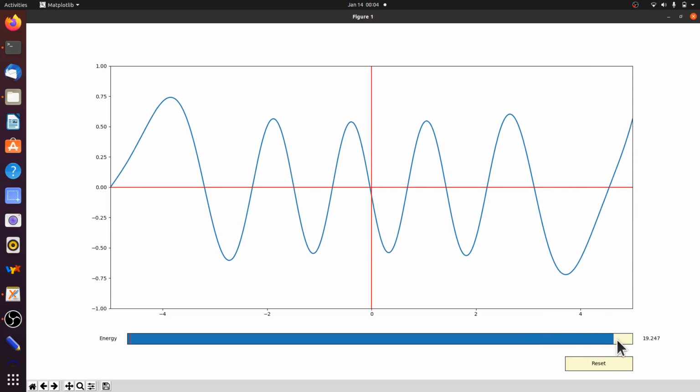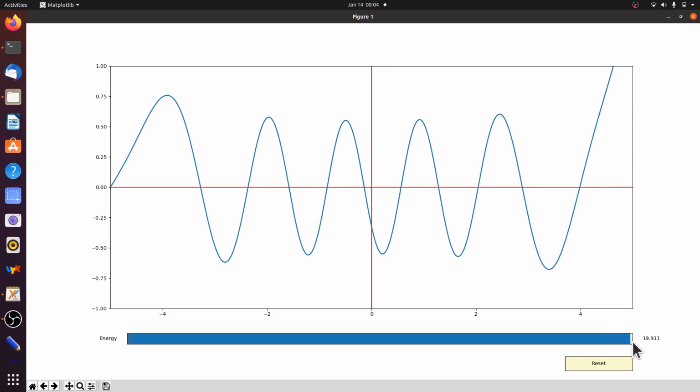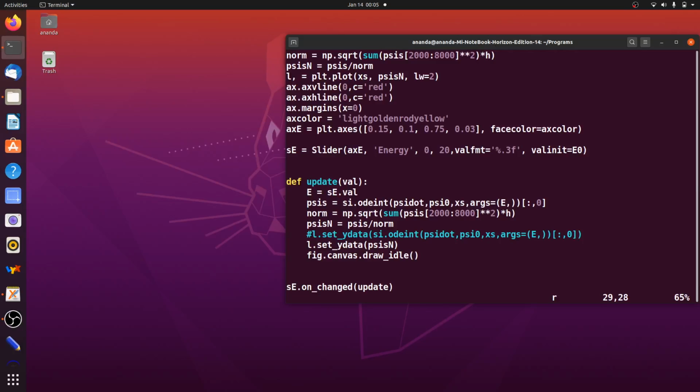Of course, if I move this slider much more carefully, you should be able to see that it's getting closer and closer to vanishing on the other side as you get close to all the odd integer values for this energy or lambda parameter.